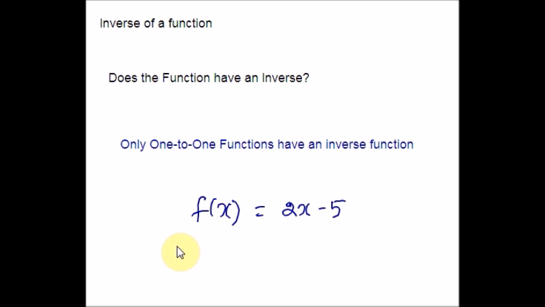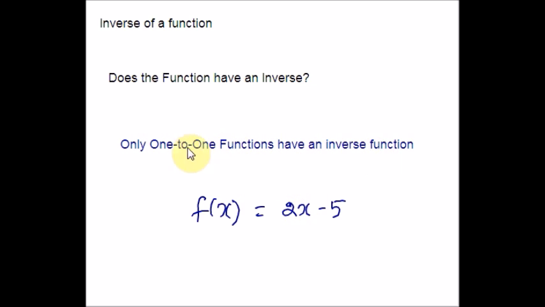Each and every element in this set will have exactly one element in the other one. In the same way, a y value will never appear more than once. Therefore, a one-to-one function is a special case because only one-to-one functions have an inverse function.